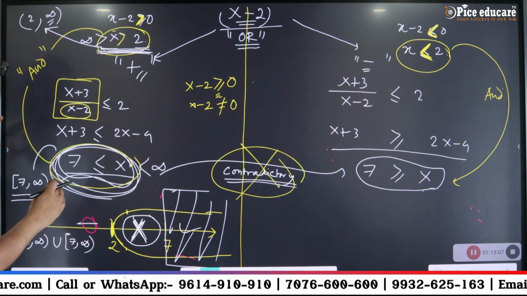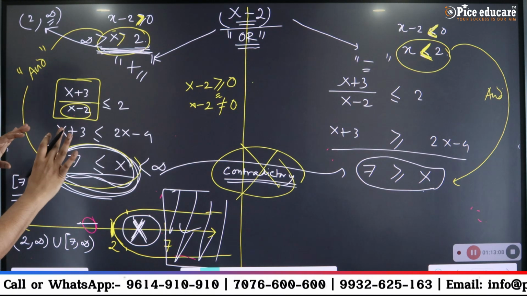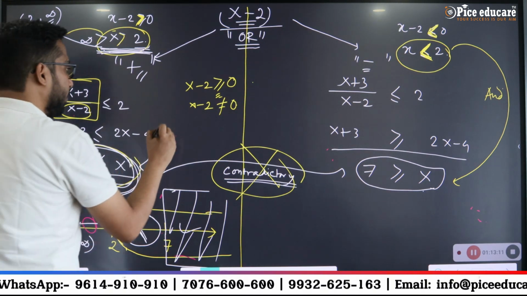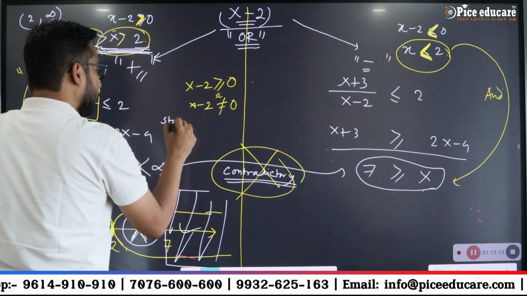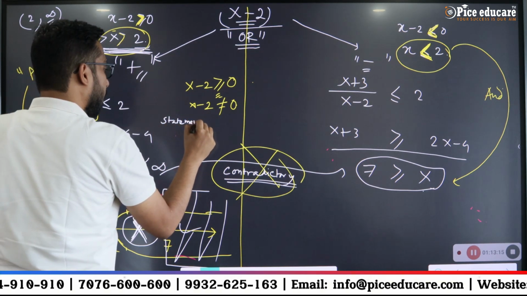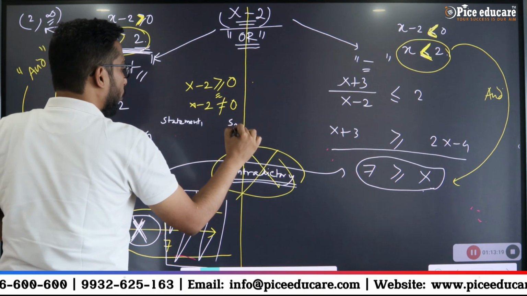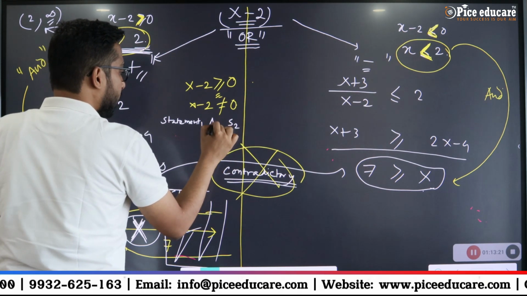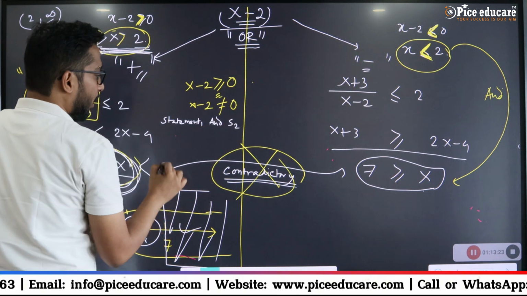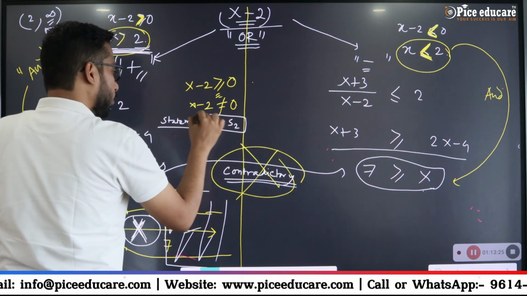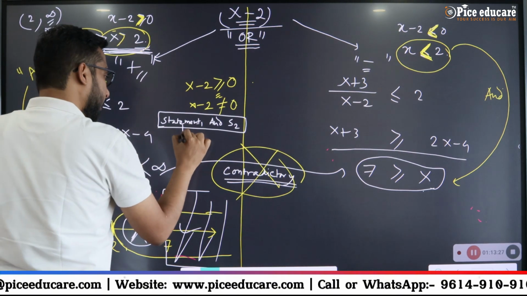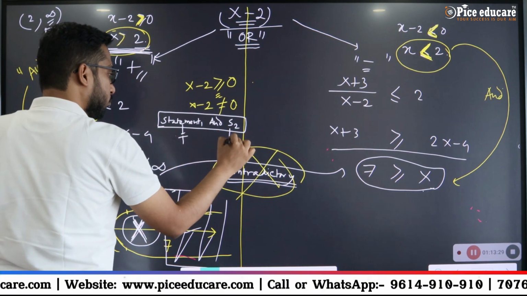Whenever I am trying to write an AND statement, for example some statement 1 and then some statement 2, the whole thing is true only when they are individually true.